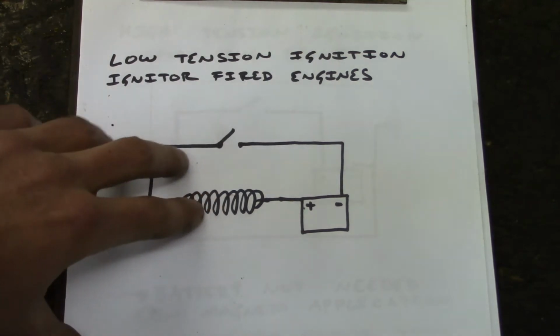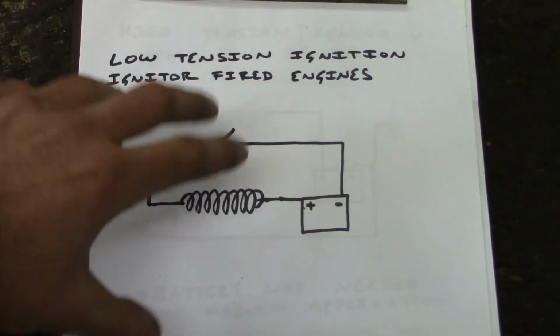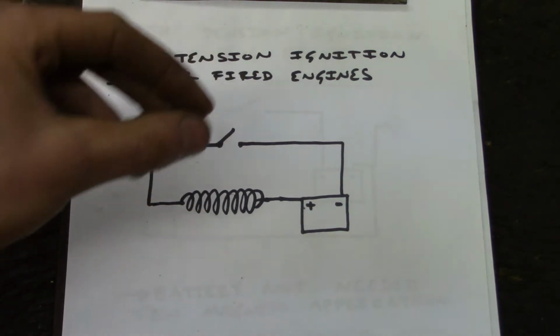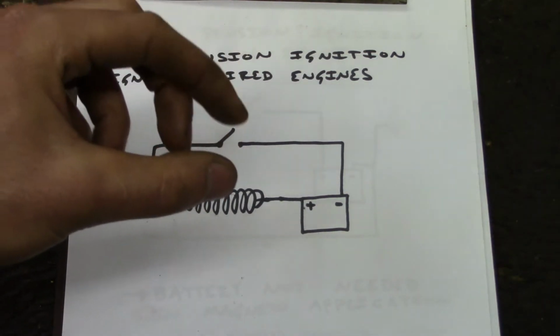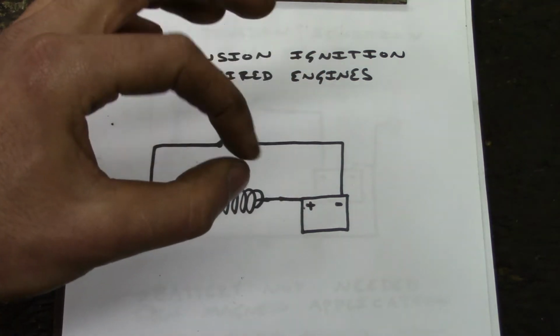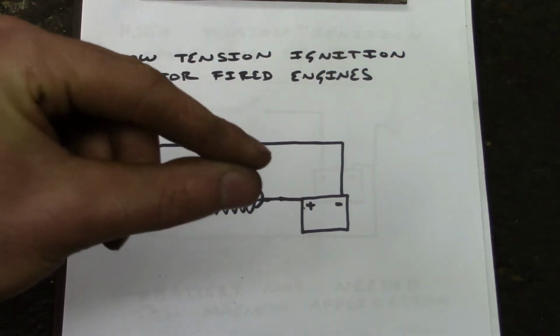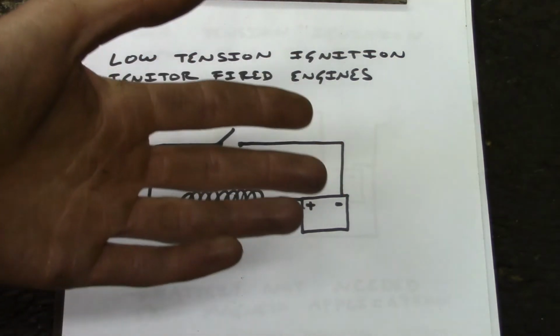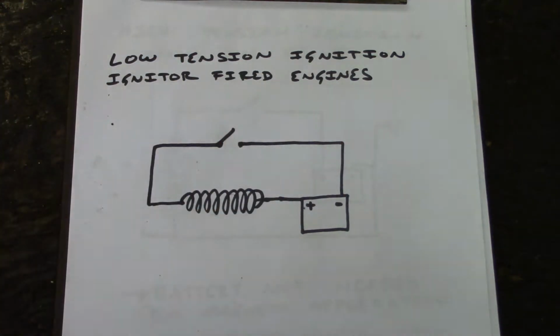These are clearly very simple ignition systems, but the downside is that the points are a mechanical thing and that can wear out, and also the contacts themselves can wear out and burn, and they need refreshing occasionally.